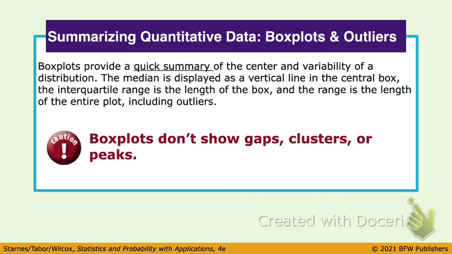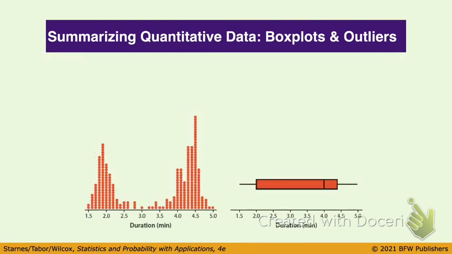But here's what box plots don't show, and you guys need to be a little bit careful about this. They don't show us gaps, clusters, or peaks. Since I'm just looking at how far the distance is between each 25% section, here's what might end up happening. I might get something like this.